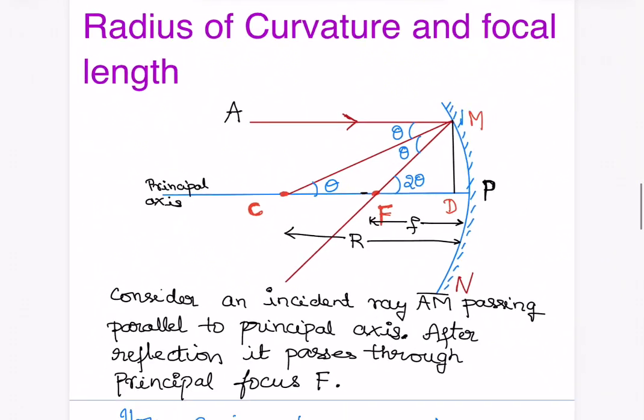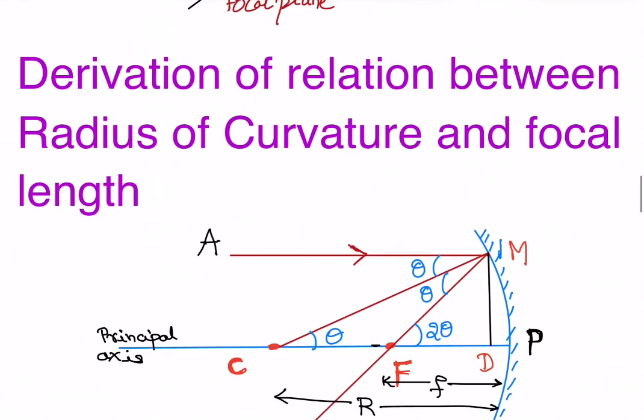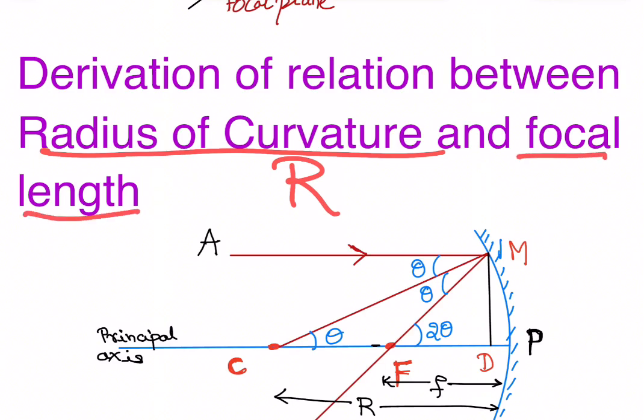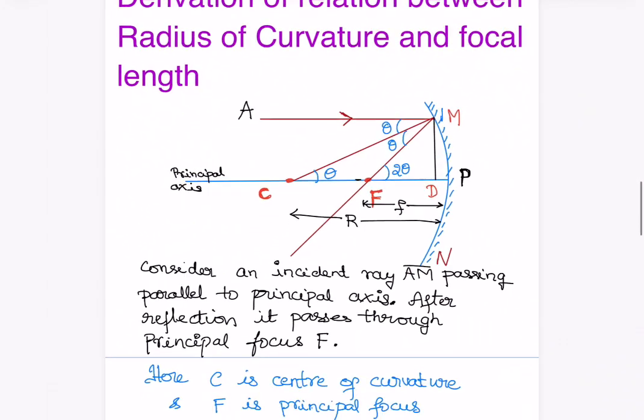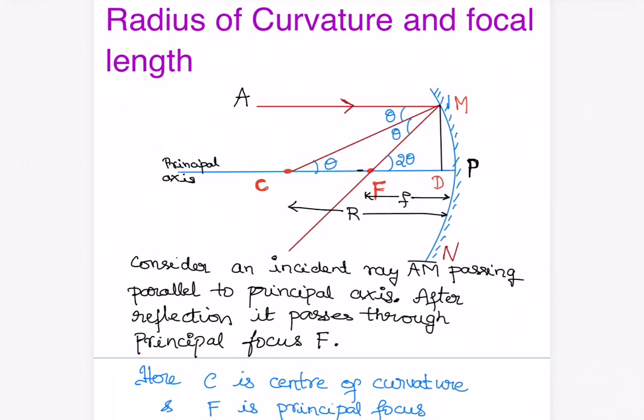Now we have to learn the derivation of how the radius of curvature R and focal length F, these two physical quantities, are related. For that you have to draw this ray diagram as shown here.